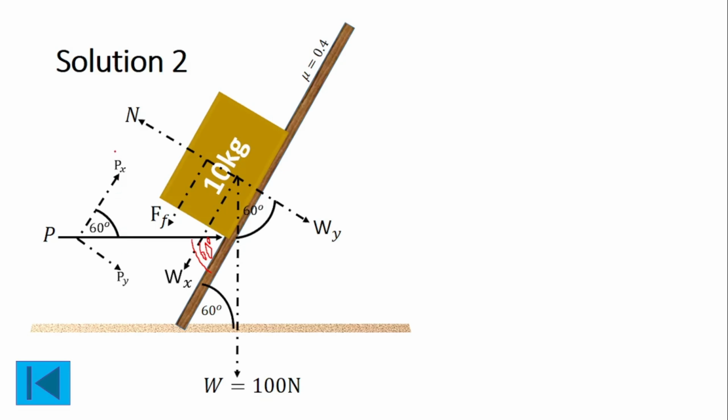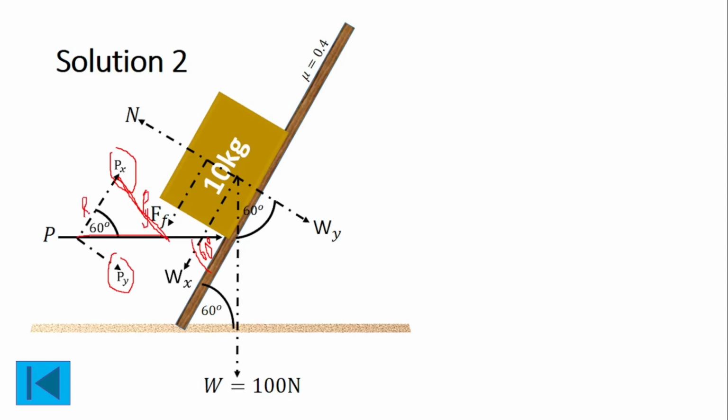Now, how do we get the value of P sub x and P sub y? Look at this line. This line here is parallel to this. That means you're going to have a triangle. Here we have P, and here is P sub y, and here is P sub x. So we have a triangle.